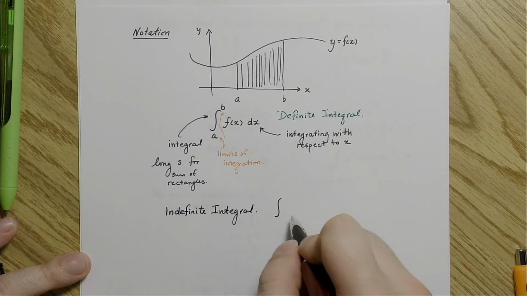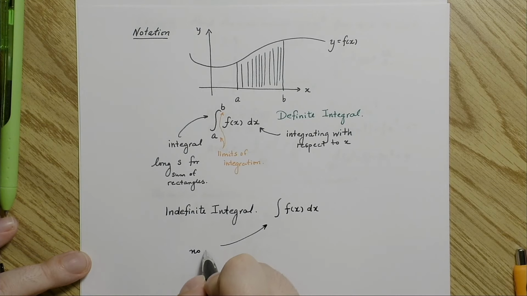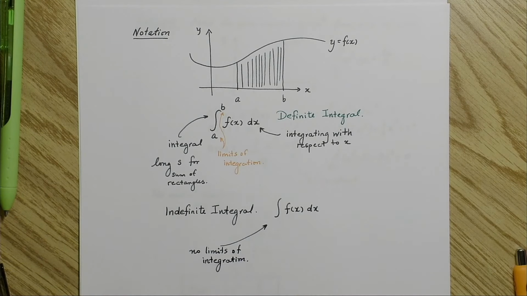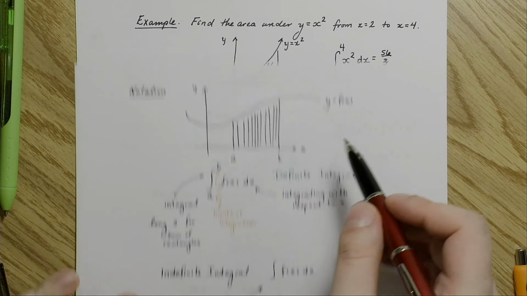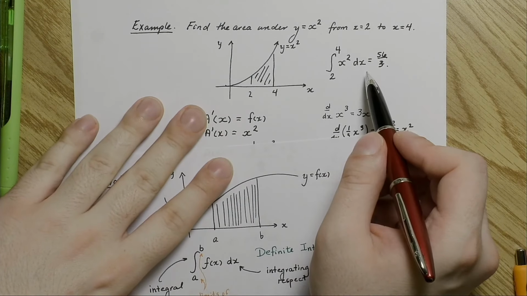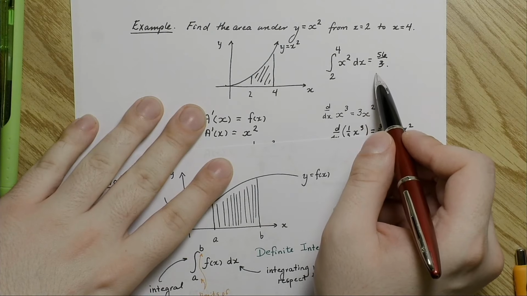And there we go. We'll just write this again. And notice there's no limits of integration. So usually what you'll find is when you have a definite integral, like we had up here, you'll get a number.